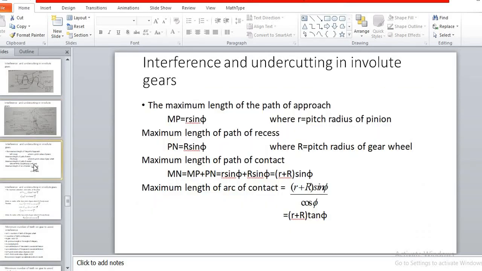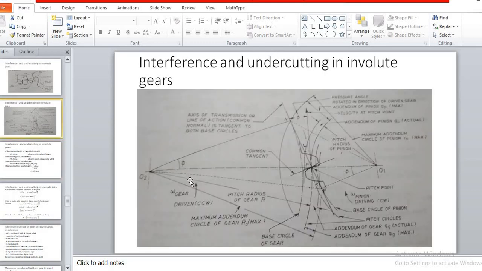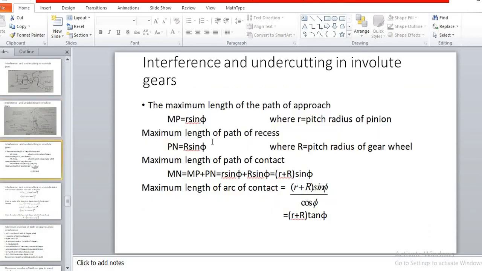Now we derive equations for this maximum path of contact. We derived equations for the path of approach, path of recess, and path of contact in the last video. MP, M to P, represents the path of approach, and P to N represents the path of recess. The path of approach MP is equal to r sin phi, and the path of recess is equal to capital R sin phi.